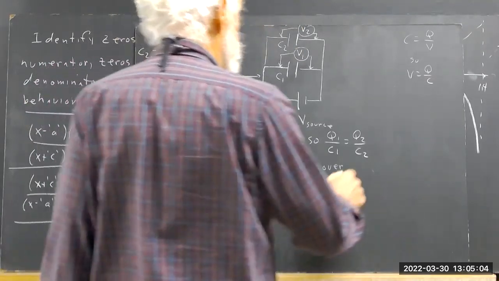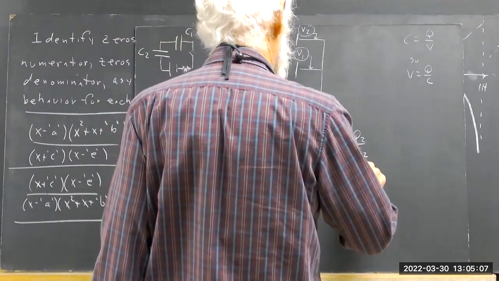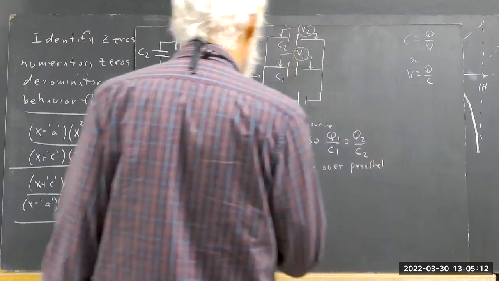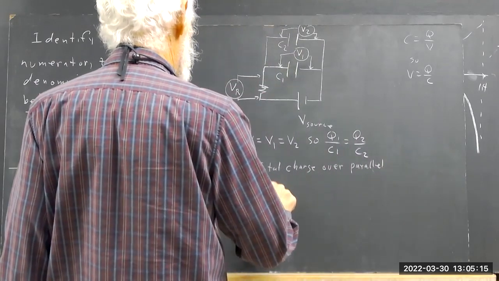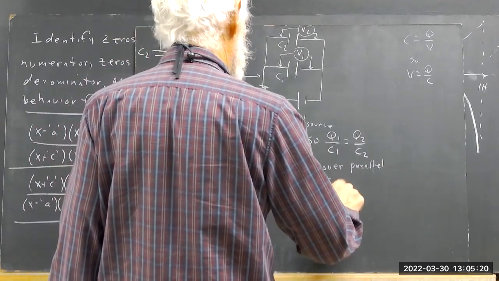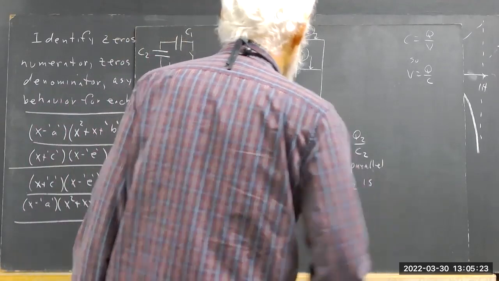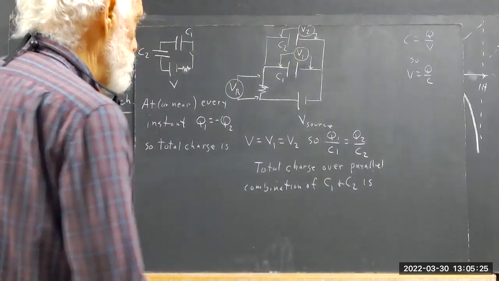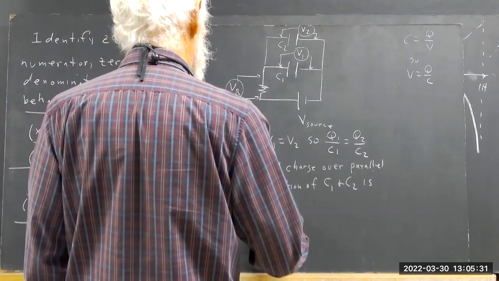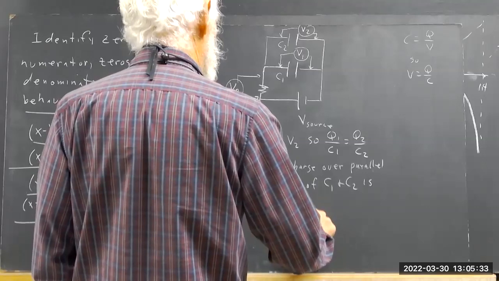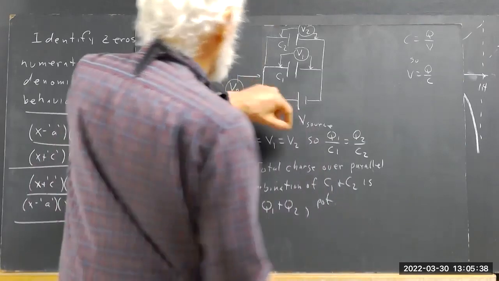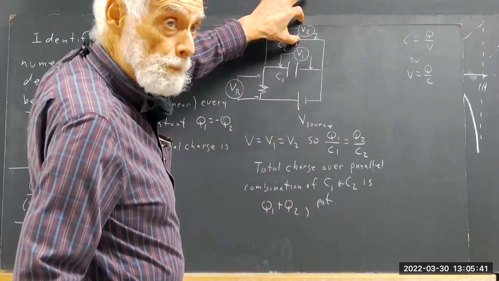So total charge over the parallel combination is Q1 plus Q2, because you've got so much charge here and so much charge here.